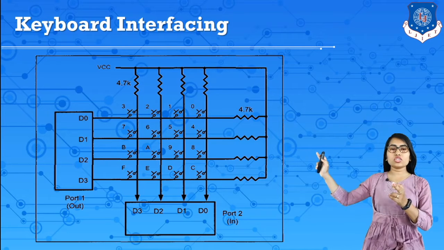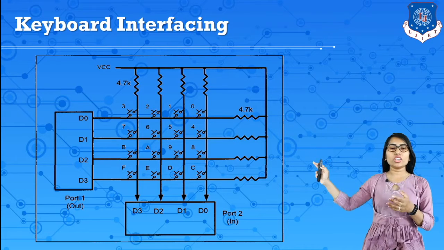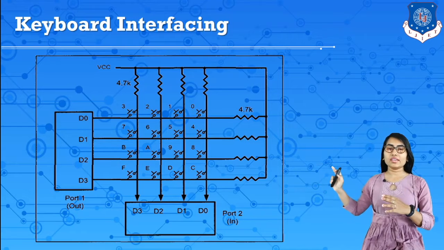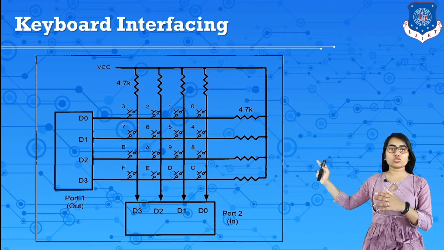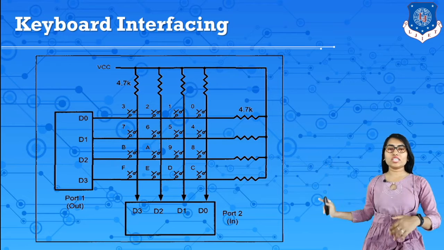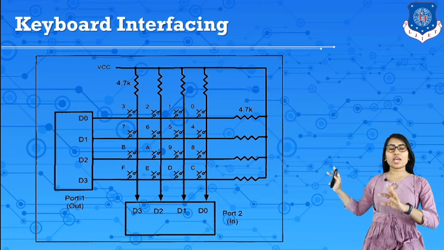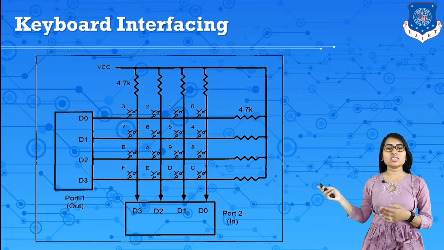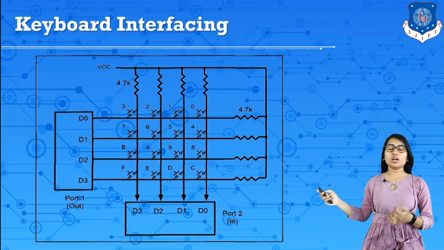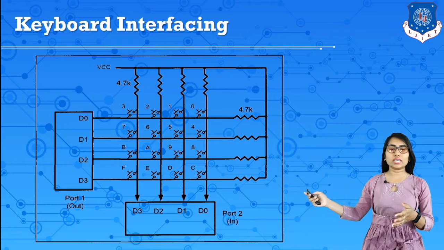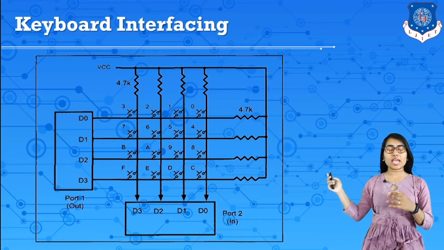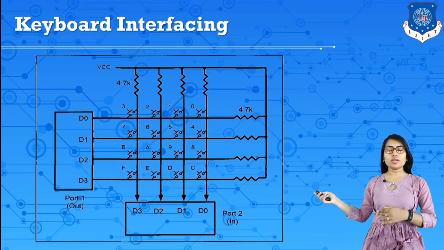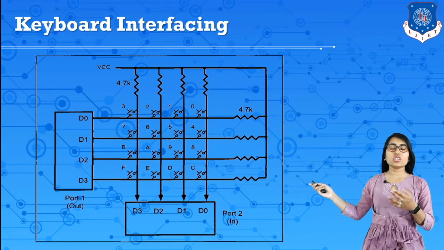For D1 equal to 1 and D2 equal to 1, there is a 6, so that means 6 is pressed. So this keyboard matrix configuration works according to the D0 to D3 numbers, any of the keys can be pressed, and accordingly we get our data or numbers on a display device with AVR.